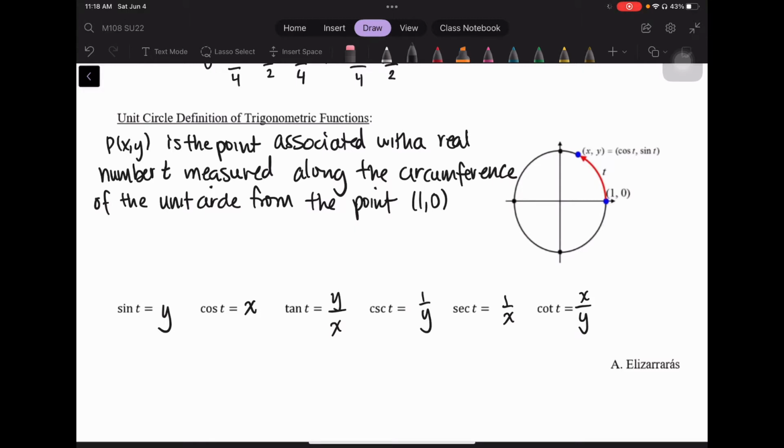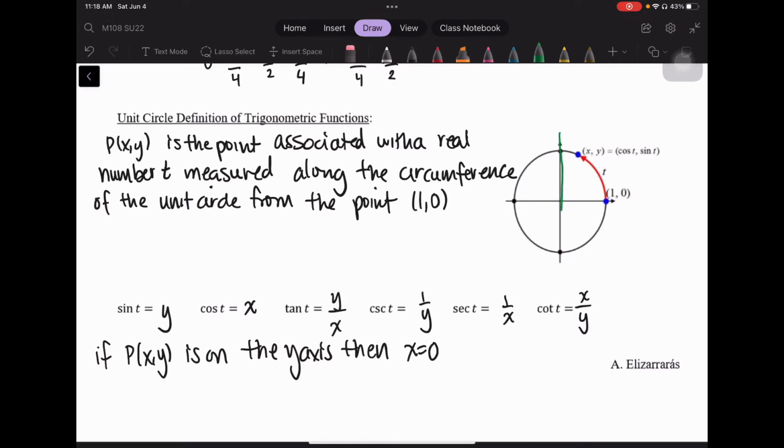Now, it's important to note what happens if the point is on one of the axes. So if the point P of x, y is on the y-axis, then x equals 0, right?